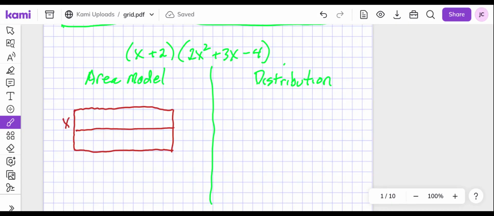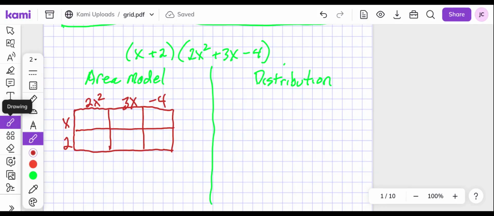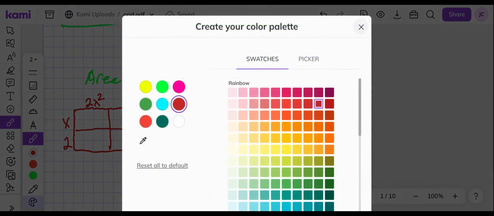That's going to be x and 2. But then I've got a trinomial, so I need to split. And each term is represented, so I've got to split that into 3's. And I get 2x squared, 3x, minus 4. Okay. And then I do the multiplication as before.